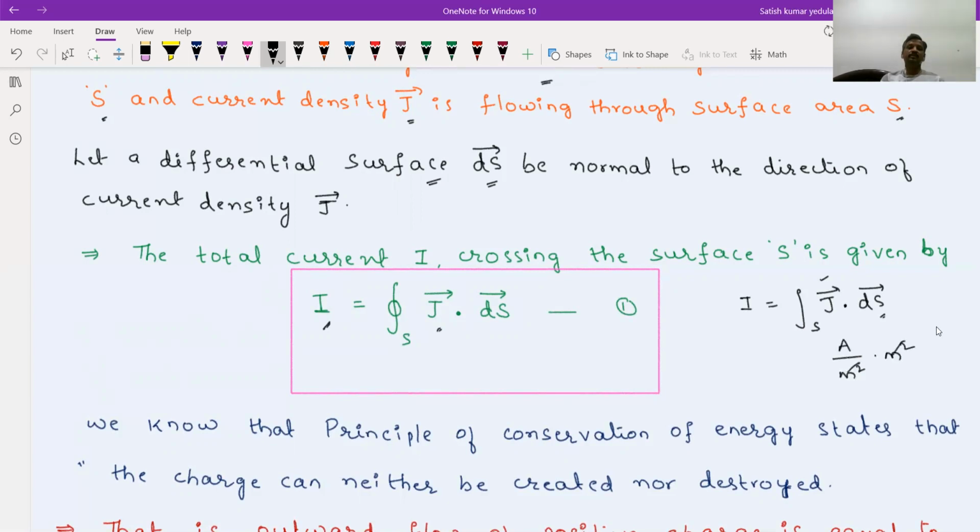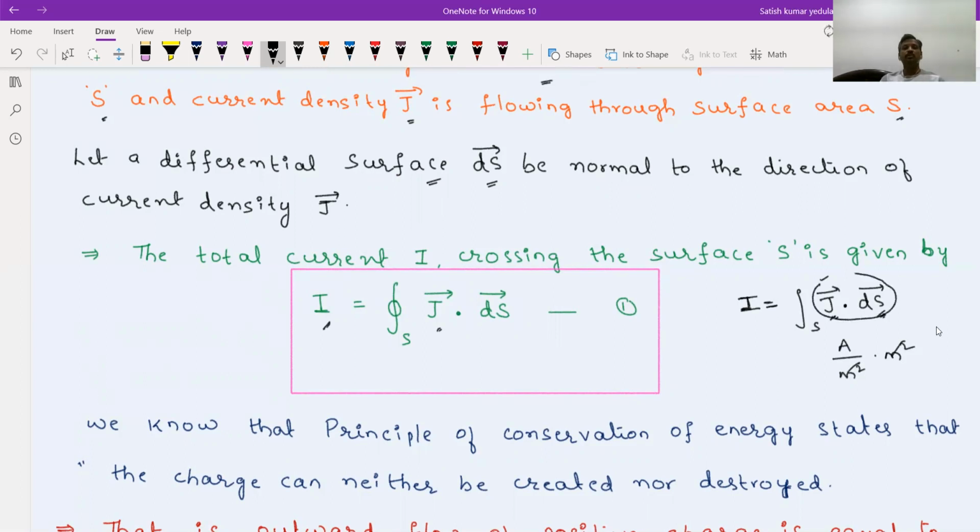J is generally given to you, and ds is the small differential surface, so J dot ds gives the amount of current crossing that particular surface.